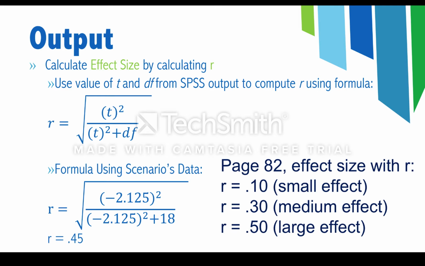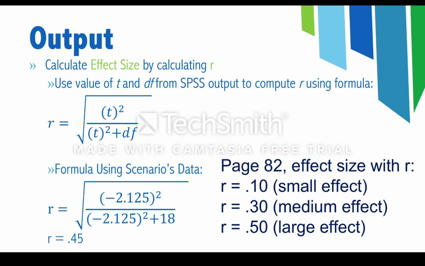So, to calculate r, we are converting a t value into an r value. And it's fairly easy. We already know the value of t and the degrees of freedom from your SPSS output. So then we just compute r using the formula on this slide.